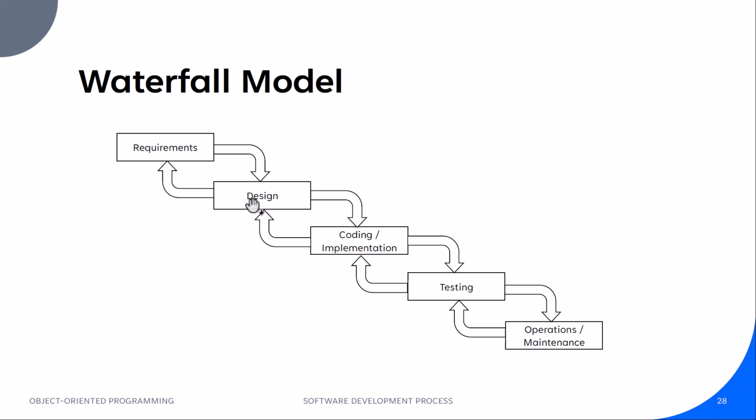Then we may have to go back to the design phase and redesign that module. Then we are going to code based on the revised design. So the waterfall model has feedback loops to earlier phases. If we identify an error or an issue in one phase, we go back to one earlier phase and fix the cause of that error.